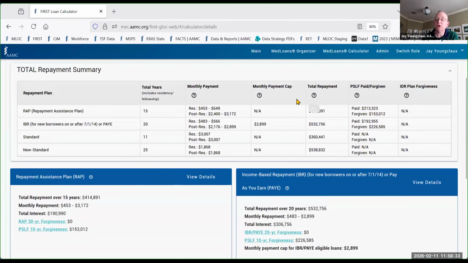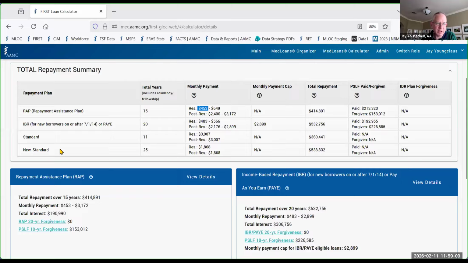If you have both types of loans, you're going to have a bigger payment during residency because your federal loans will often have the income-driven repayment. And then the private loans, they don't really have income-driven plans. They have more fixed plans. And so that fixed payment would be on top. And that's why here we're going to see, oh, now our payment is no longer in the threes. It's in the $453 a month. So what it's doing kind of behind the scenes, it's tracking both loans and making the payments along the way. And as soon as the 11 years goes by, it drops that out of the calculations and continues paying on the federal loan.